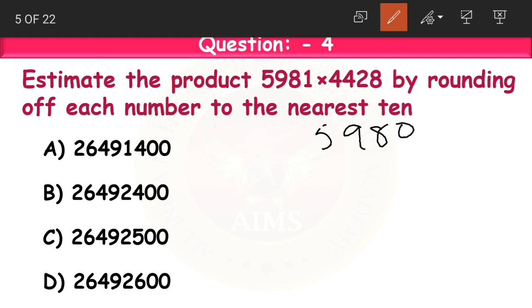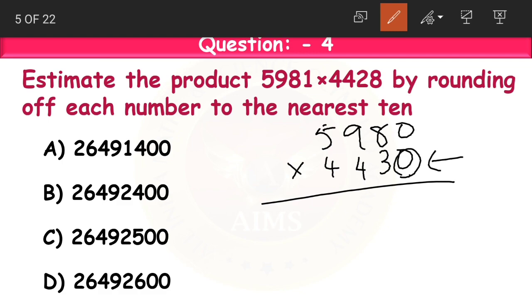I'll write it here neatly. 5980 times 4430. Now multiplication. First, how do we start multiplying? We'll start multiplying with 0, right? 0 into anything gives us 0 only. So there are 4 numbers here, so I am simply putting up 4 zeros.